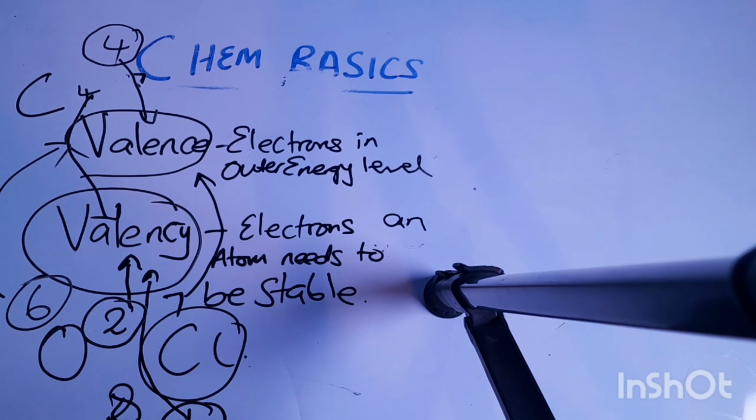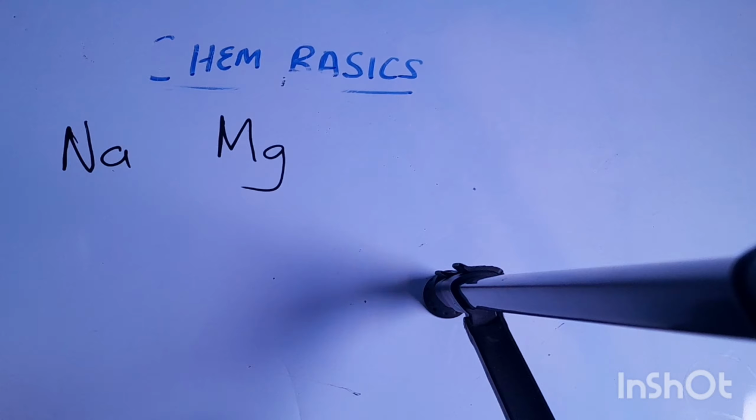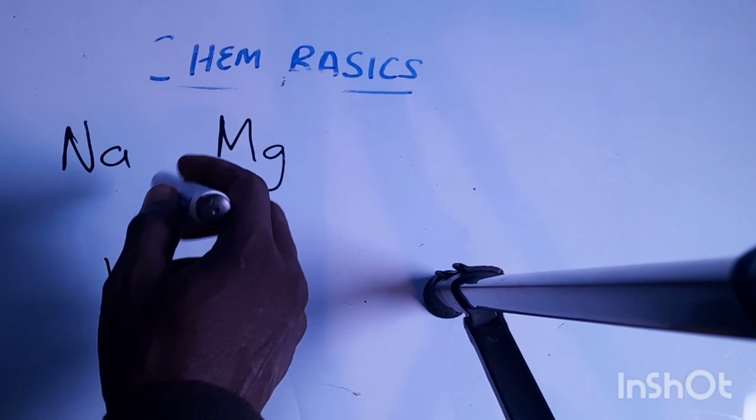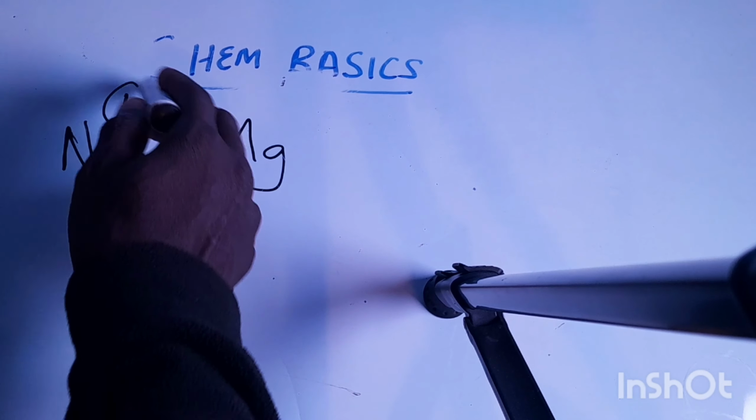If you understand that, let me give one more example. Let's look at two metals, sodium and magnesium. Sodium is in group 1, so it has 1 valence electron.